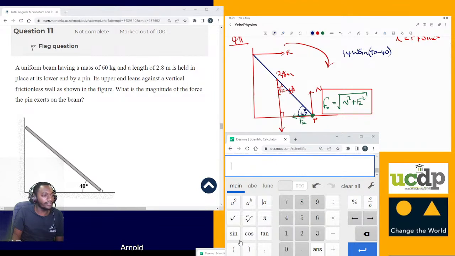Let me just check if this math is right. Sine 50 is 0.76. And how about cos 40? Okay, so it's just the same. It's just the same as cos 40, right? So if you want, you can express it as cos 40.